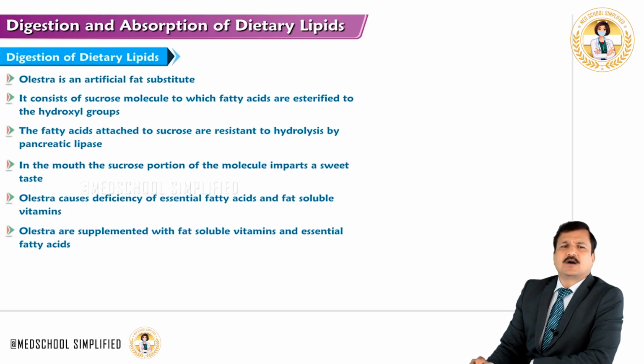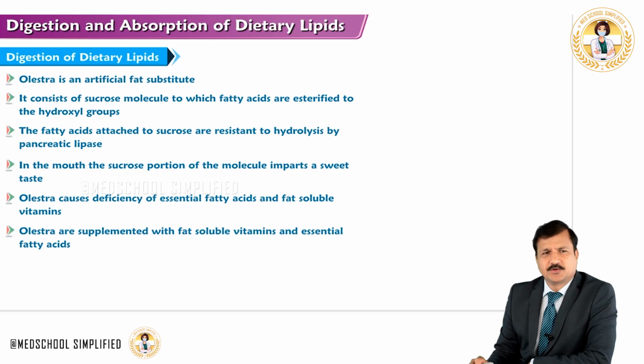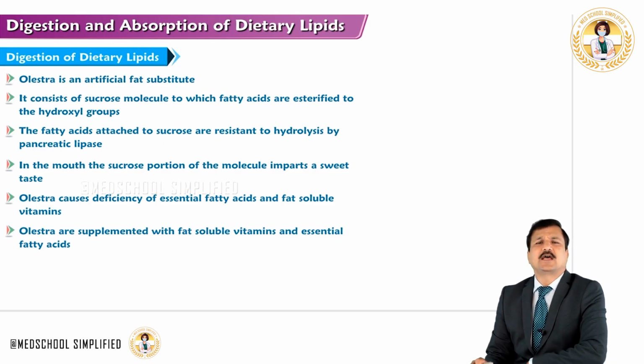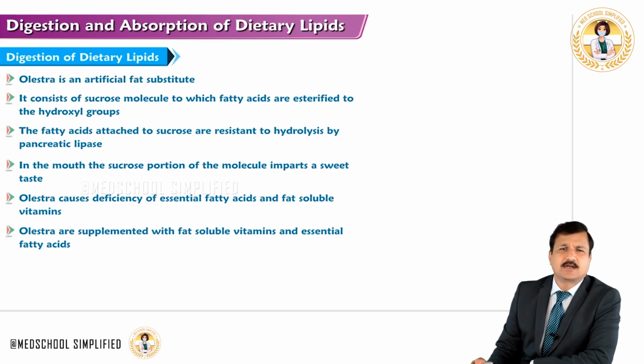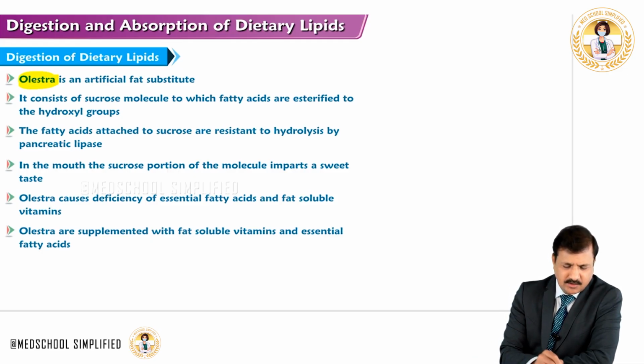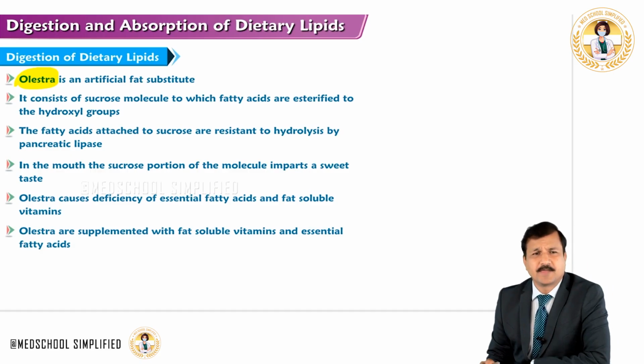One of the artificial fat substitutes that we use in order to decrease dietary lipids in people with overweight or obesity, who want to avoid fatty food but still have the taste of fat, is a molecule called olestra.